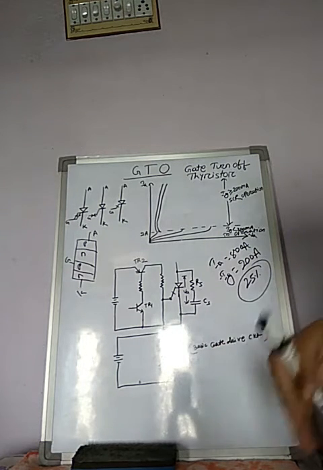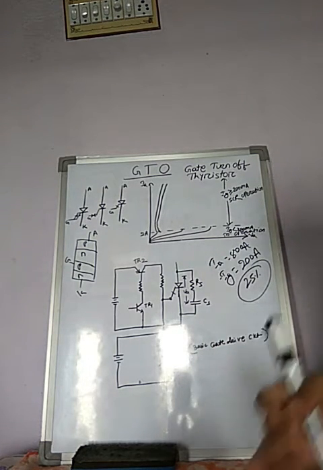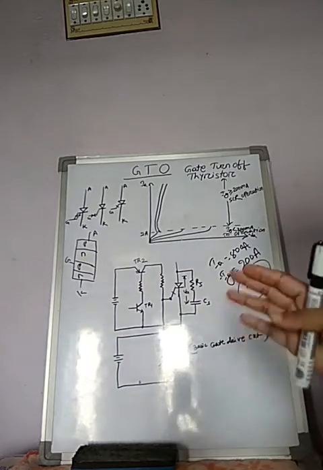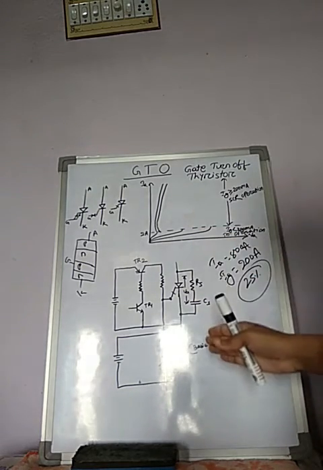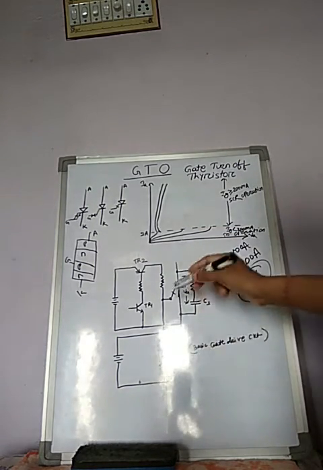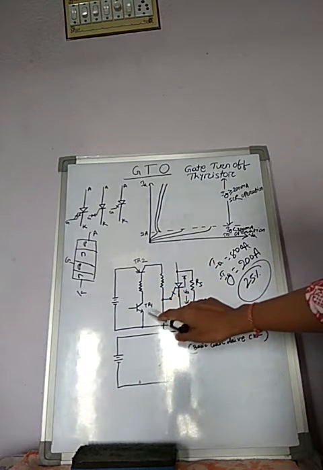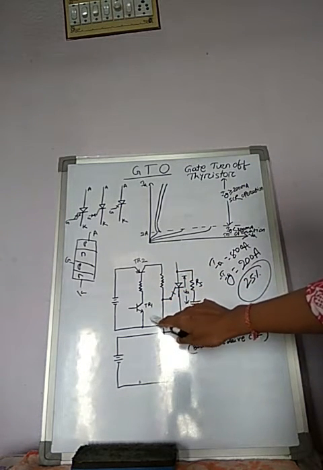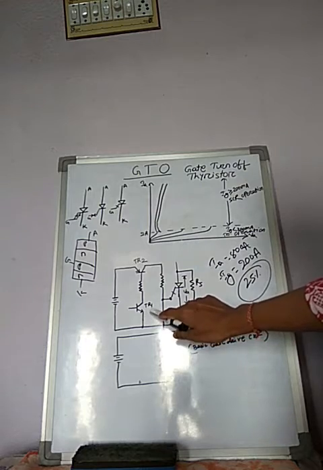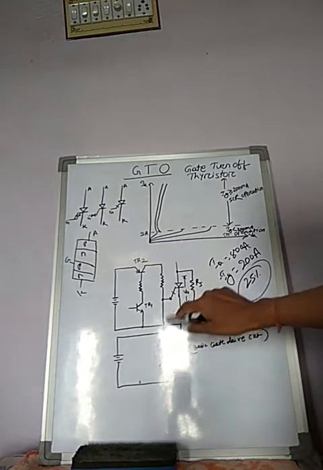So for turning on a GTO, first we give the control signal to this transistor TR1.